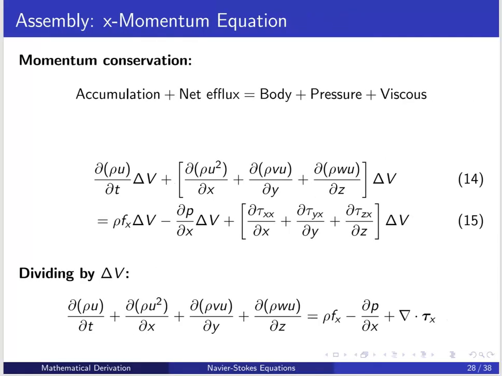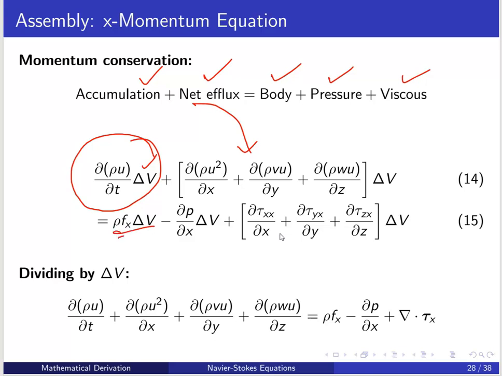Now momentum conservation: accumulation plus net flux is equal to body force plus pressure force plus viscous force. We got the accumulation, ∂(ρu)/∂t times δV, plus the net flux, equal to the body force, then the negative pressure force, and then the viscous force.